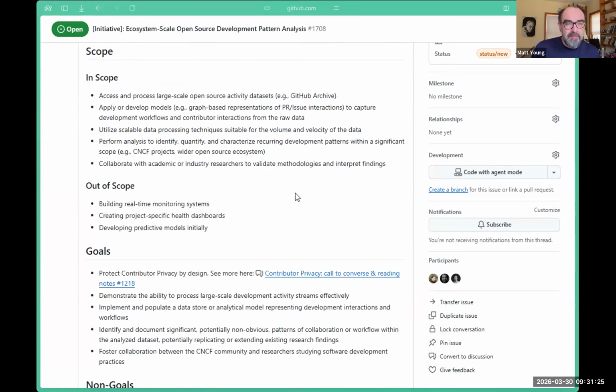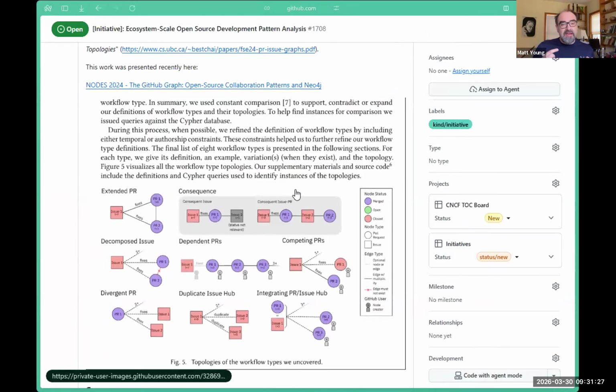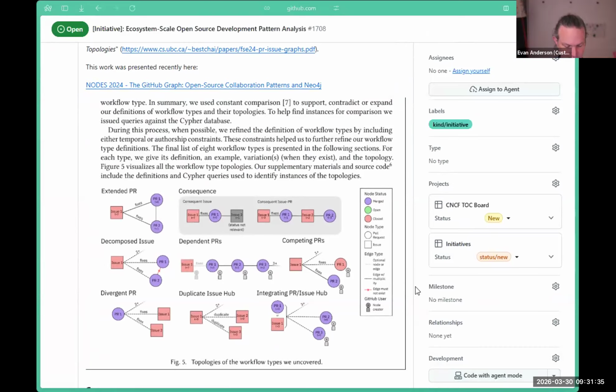If you scroll back to the block diagram picture, the idea is there was some research presented in 2024 at the Nodes conference, which is a big graph data science conference. The University of Waterloo put out a paper where they studied 50 different open source projects, a bunch of Apache stuff actually.